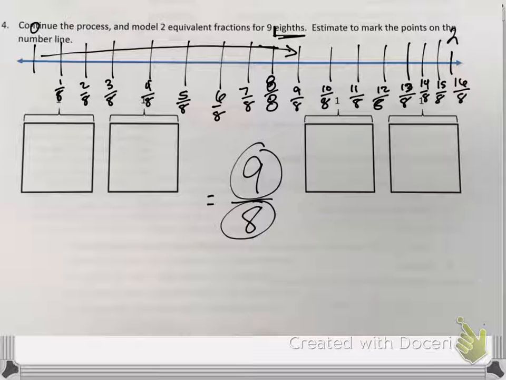Let's go ahead and partition our box in the 8ths. 1, 2, 3. And again, I wish they gave us bigger boxes because it's going to be hard for me to fit 8ths into these boxes.